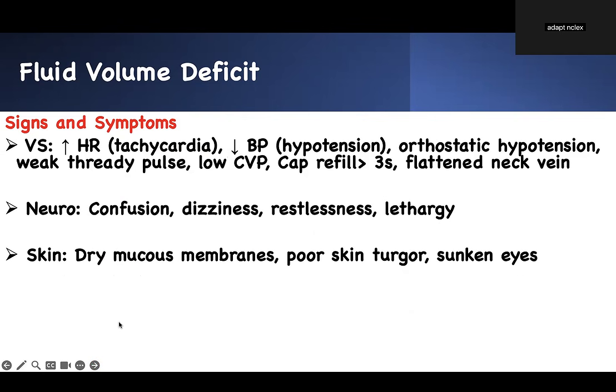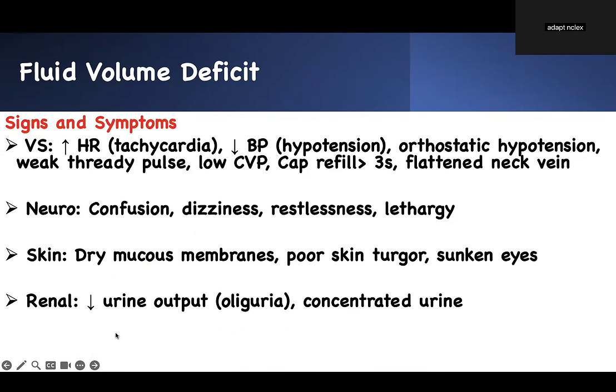Then, what do you think your skin will do? It's going to dry up. So dry mucous membranes, and the skin turgor is going to be poor. It's not going to be taut. It will be flat. And your eyes, especially in kids, will be sunken, telling you they have dehydration. You have to know all these signs and symptoms. What do you think your kidney will do? It has no fluid.